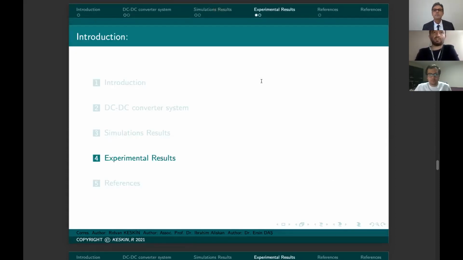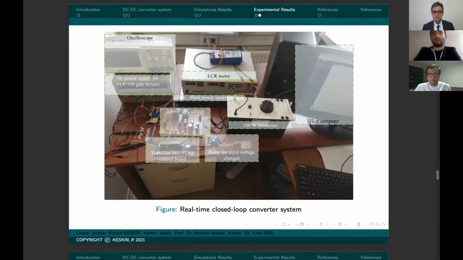Experimental results section. A DSP card from Texas Instruments is used to apply the gate signals and read relevant data from the converter. Here are the two-level IBC circuit and gate signals, the gate driver circuit, the DSP card, a relay for input voltage changes, load resistance, the mains power supply, and TLP gate drivers. This is the DC power for the TLP gate drivers.